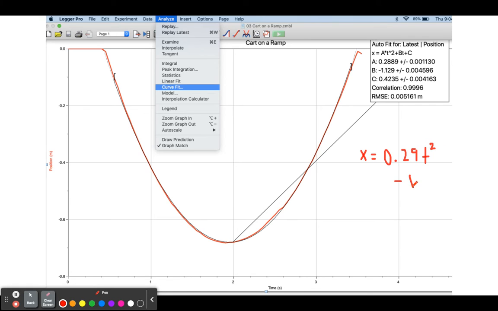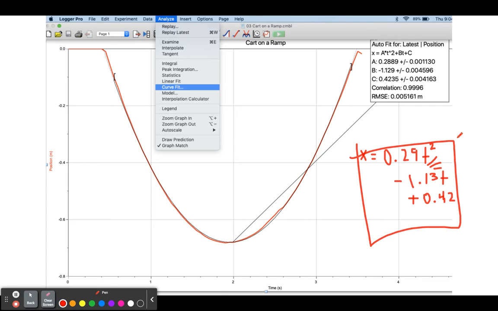So I'm going to have negative 1.13 times t plus c. My coefficient for c, I have 0.42. Okay, so that equation should be somewhere on that graph. So you have a parabolic curve. So my graph should be modeled as a function of t squared.